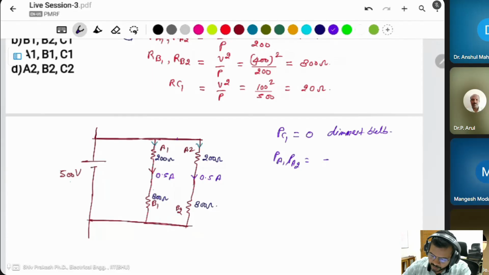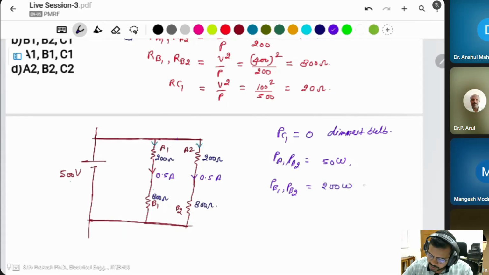This will be 50 watt. Same thing, 0.5 square into 800... 200 watt.